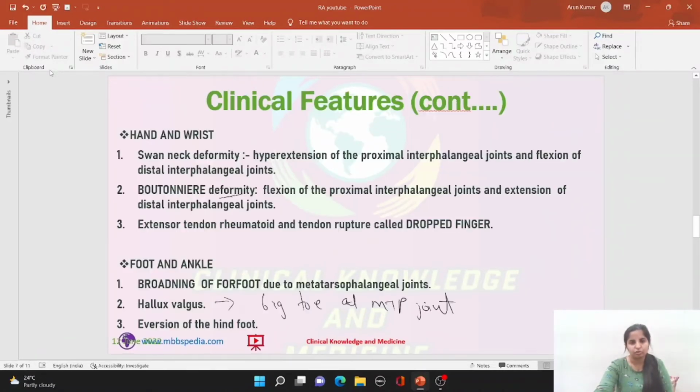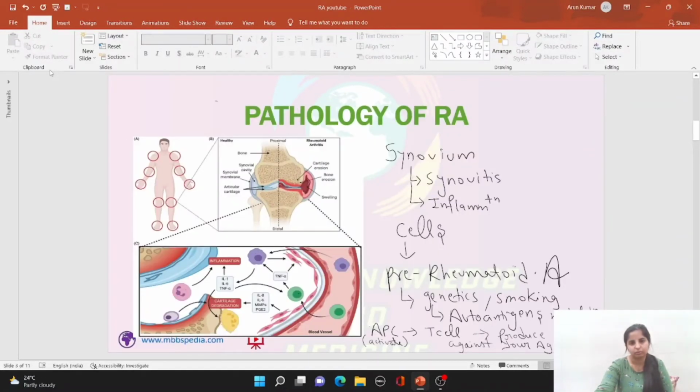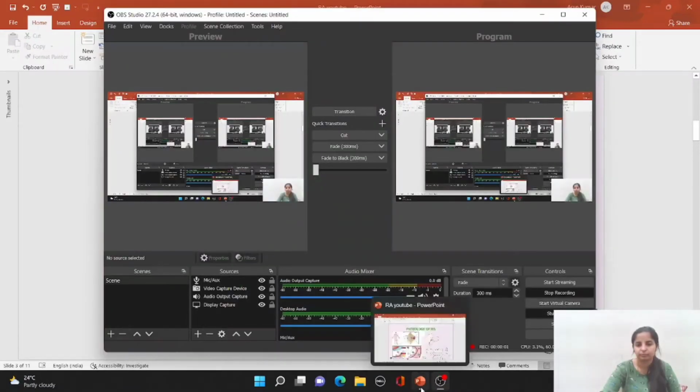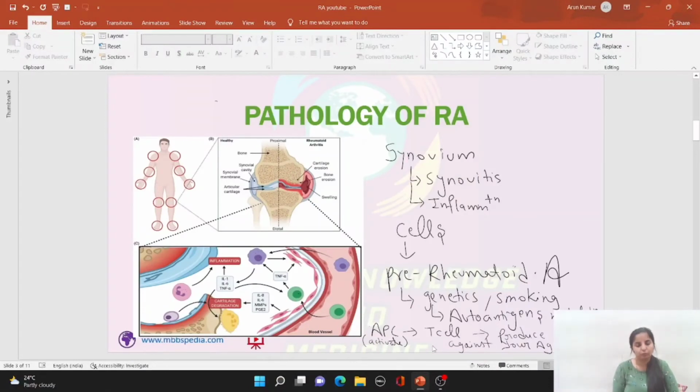After these clinical features, I would like to talk about the pathology of rheumatoid arthritis. But there is no definitive cause of this autoimmune disorder, because there are many pathologies behind this and not one specific reason or cause is present for this deformity. So in the pathology, you can see the diagram right here.